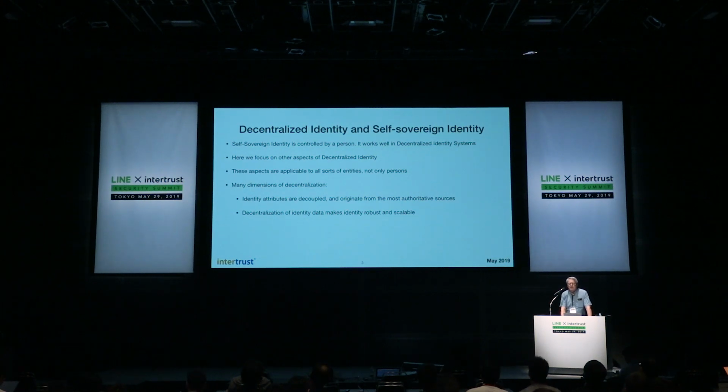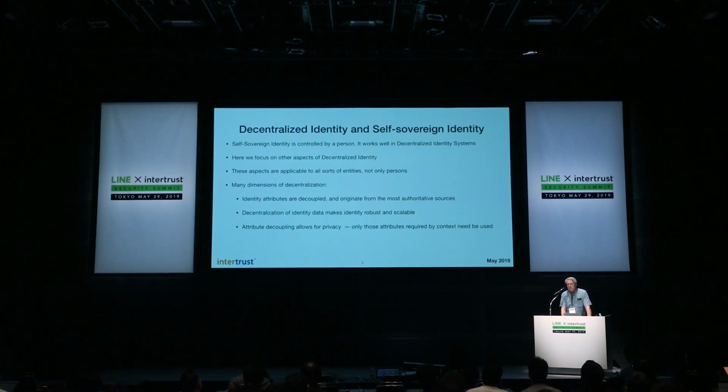Decentralization of identity data, the actual databases that hold the identity information, that also, if it's decentralized, can be made much more robust and scalable than it is already. A lot of things are kind of slow nowadays simply because of the fact that we're spending a good amount of time on protocols that seek to prove different kinds of identities, and that's something that we can improve upon.